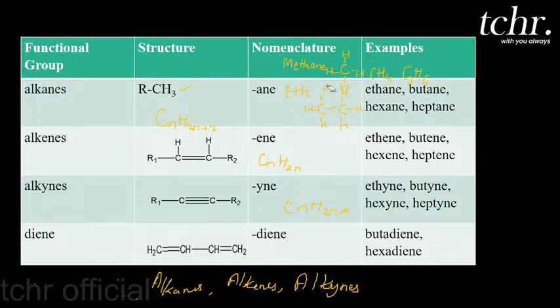So students, if I ask you what is the formula for butane, how do you tell me the formula? You use the help of the general formula I mentioned. What is the general formula of alkanes? CnH2n+2, right? Using the general formula, you can count how many carbon atoms and how many hydrogen atoms are there in butane.